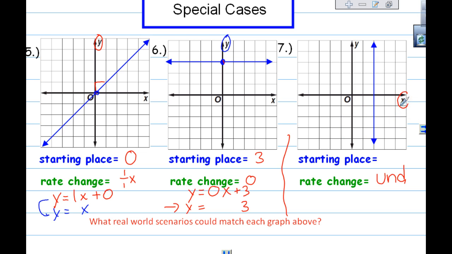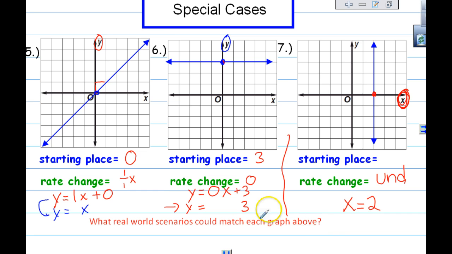So we have to use x. Where does it cross the x-axis? Right here. What number is that? Yeah, just x equals 2 is the equation. But as I mentioned at the beginning, everything is weird about vertical lines. It's not y equals; it has an undefined slope, it's not a function, and it has x equals.